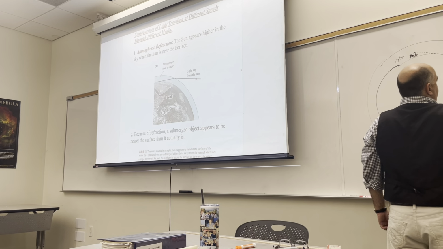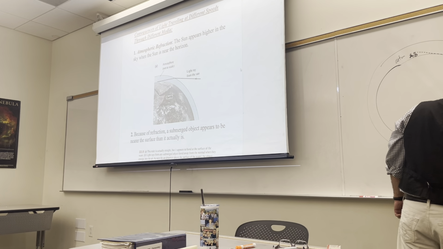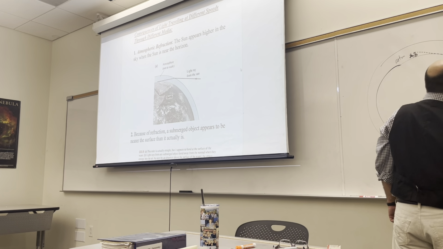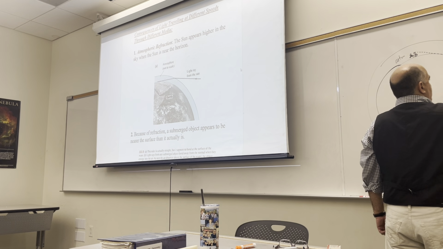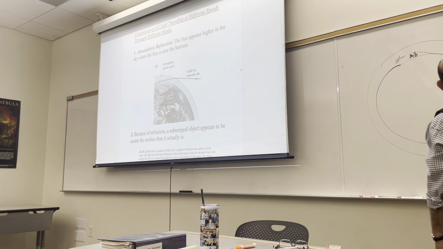And so what happens is, the sun is really over here. And so the light comes from the sun like this. Here's the normal. Is it going to bend towards or away from the normal as the light travels from where it travels the fastest in vacuum to air, where it's slower? It's going to bend towards the normal, right?